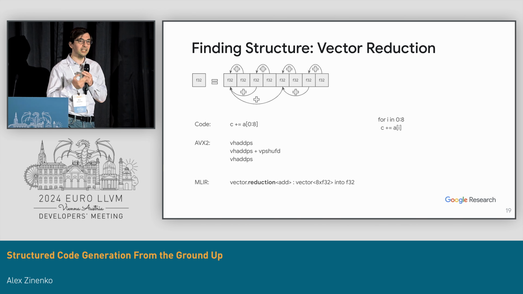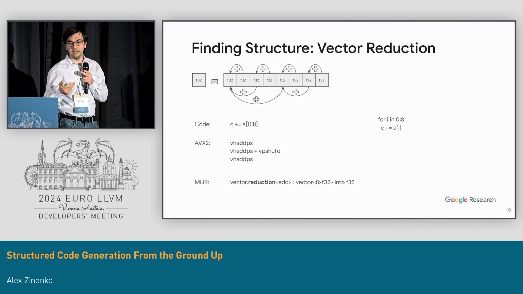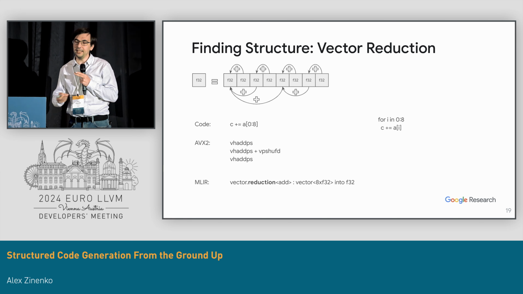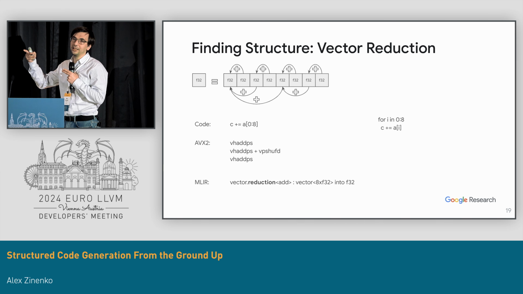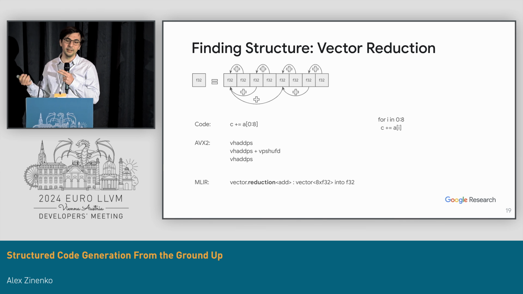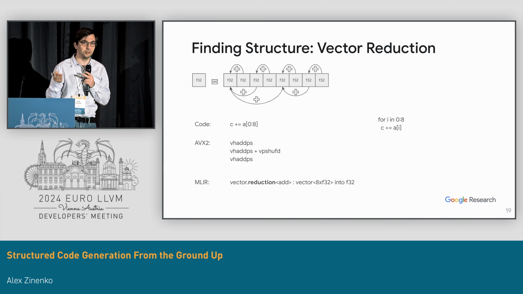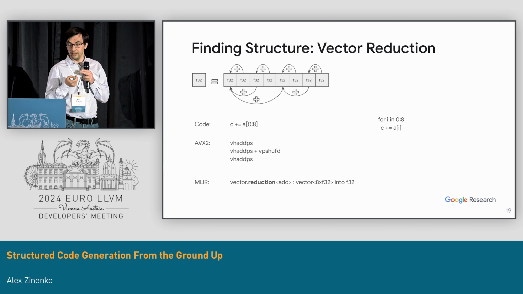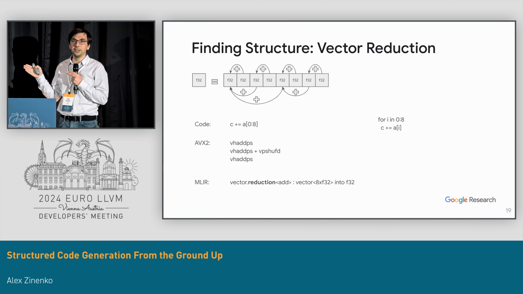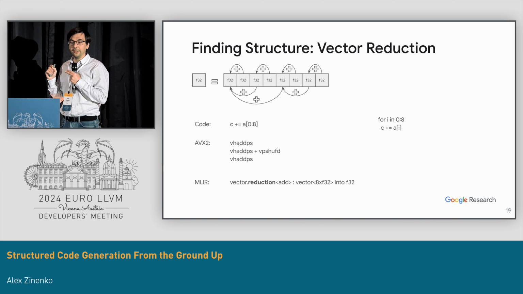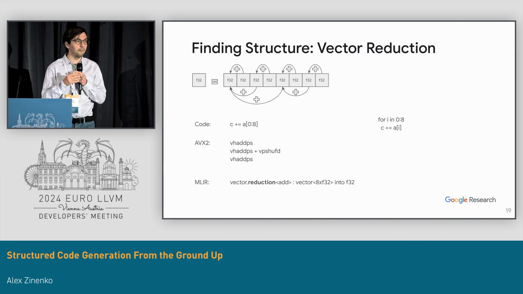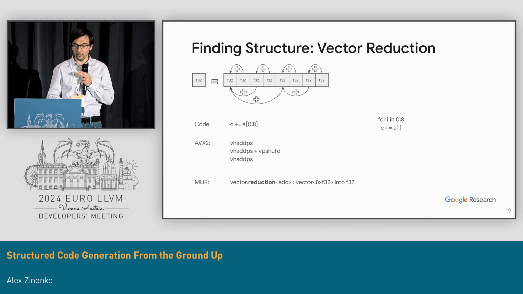Sometimes we want to decrease the dimensionality, which is typically done by reducing something. And in 1D, fair enough, we can just add adjacent elements and keep adding until we get to a scalar. So if you have a vector of 8 elements, we need 3 additions, and generally log 2 additions. And fair enough, there are some instructions that let us do that. And there is an MLIR operation that specifically does a reduction of a vector.